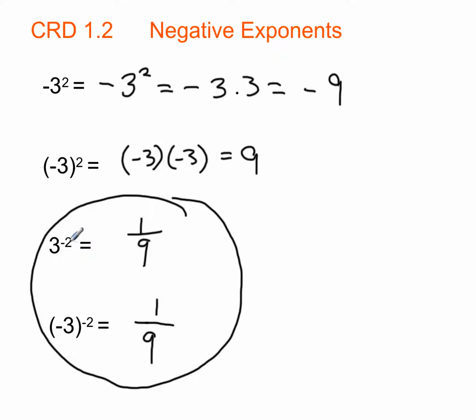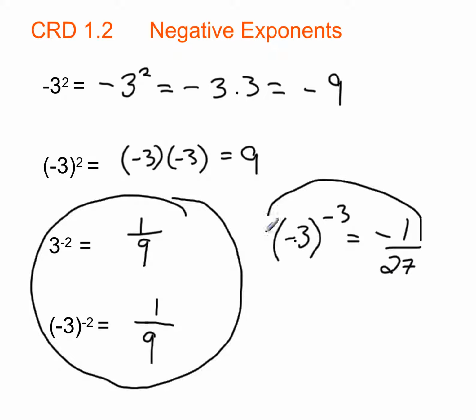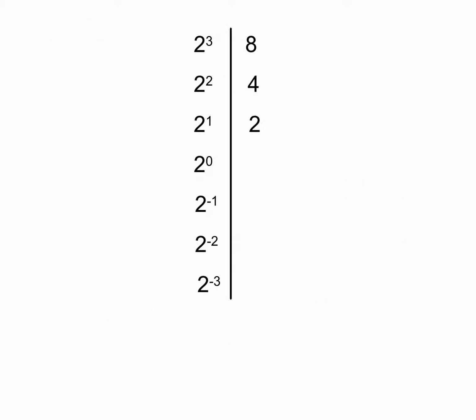A negative exponent means a really small fractional number. Now, if I had negative 3 to the negative 3rd power, because my base is negative and my exponent is odd, this one actually would be negative. But you're probably thinking, I don't really understand that. You haven't explained it. So let me get to that first.